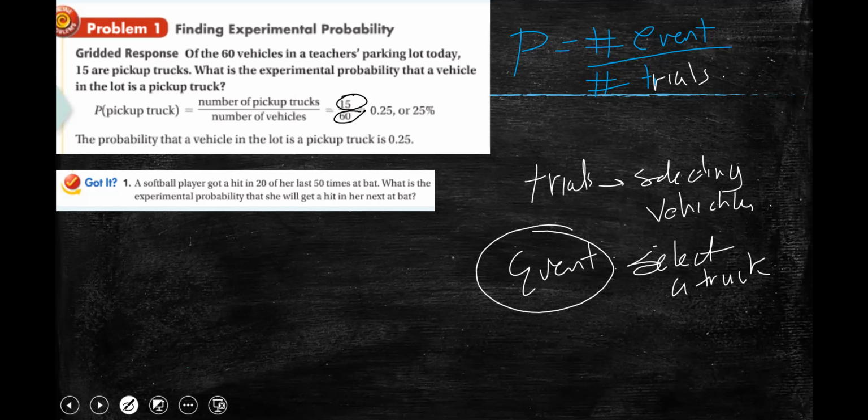So 15 over 60: divide by 3, it is 5 over 20, divide by 5, it is 1 over 4, or I can say it is 0.25. This is the probability of getting a truck from the whole vehicles.